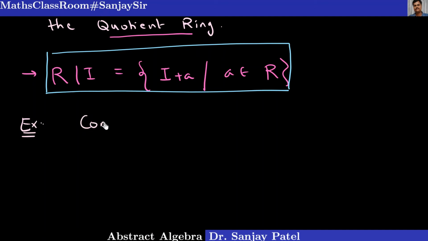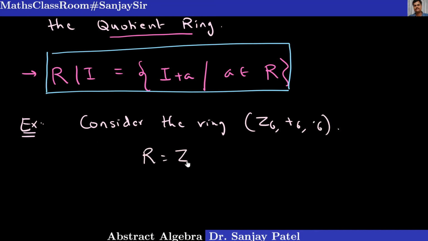Say, consider the ring of residue classes modulo 6, Z6 plus 6 dot 6. So here R is Z6. Now I consider another thing which is an ideal to define the quotient ring.